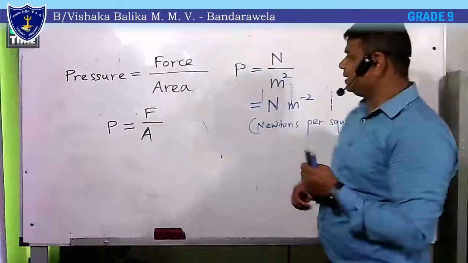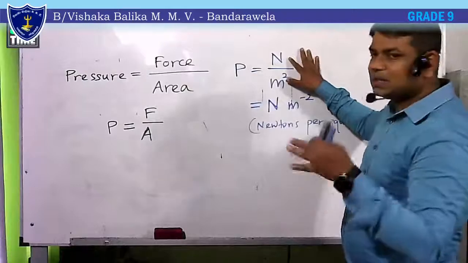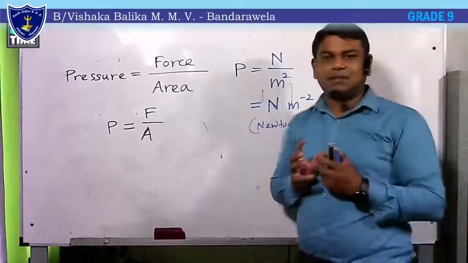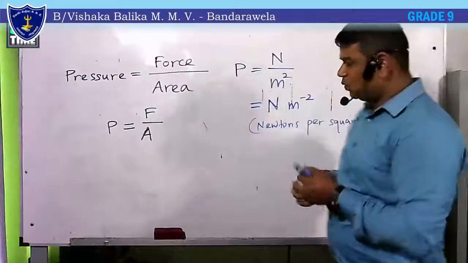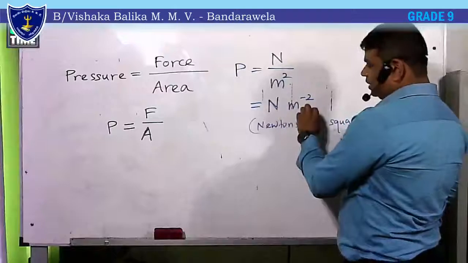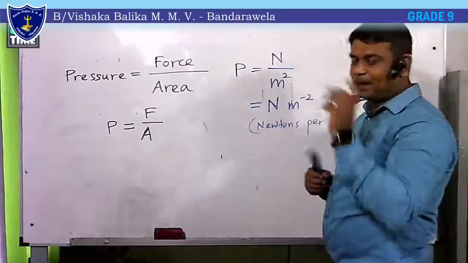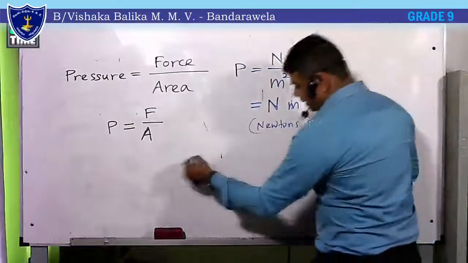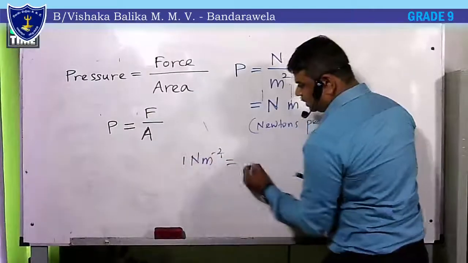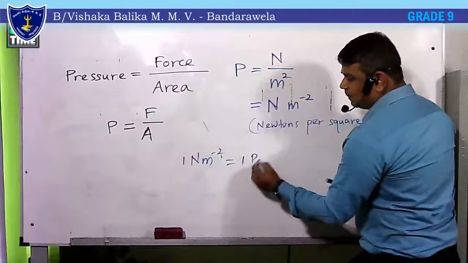And you know newtons are used to respect Sir Isaac Newton. Likewise, to respect Blaise Pascal, we use 1 newton per square meter as 1 Pascal. So we can write it like this also: 1 newton per square meter equals 1 Pascal.